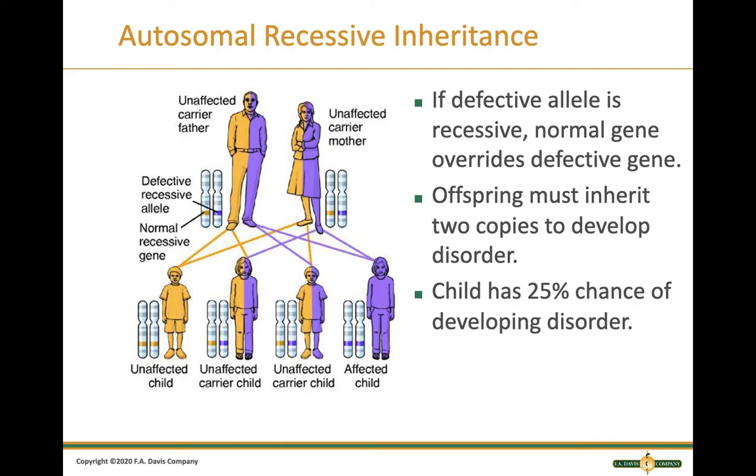So in this case, statistically, they're going to have a 25% chance of having an unaffected child, a 50% chance of having a carrier who's not affected, and a 25% chance of developing the disorder. So the chances of developing the disorder are less because you have to get the recessive gene from both parents, as opposed to autosomal dominant.